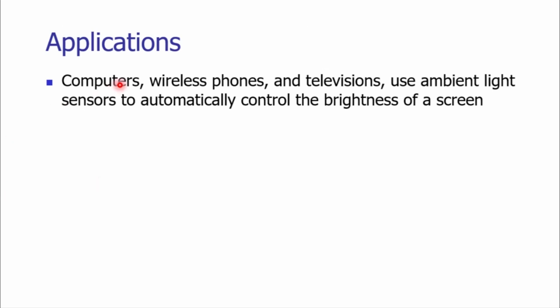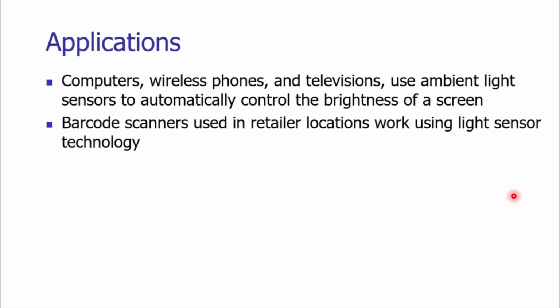These sensors are used in computers, wireless phones, and televisions. When more ambient light is incident upon these sensors, they will automatically control the brightness of the screen. The LDRs are also used in barcode scanners, which you might have seen at various retail stores.